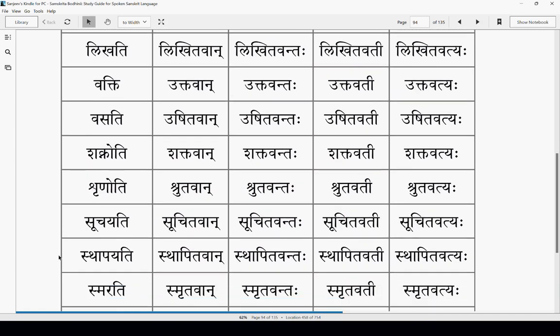Refer to suchayati, which becomes suchitavan. So what will chintayati become? Chinta becomes sucha becomes suchi. Chinta becomes चिन्तितवान्, चिन्तितवती.